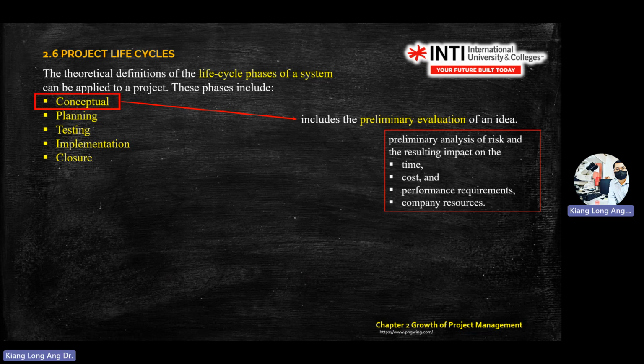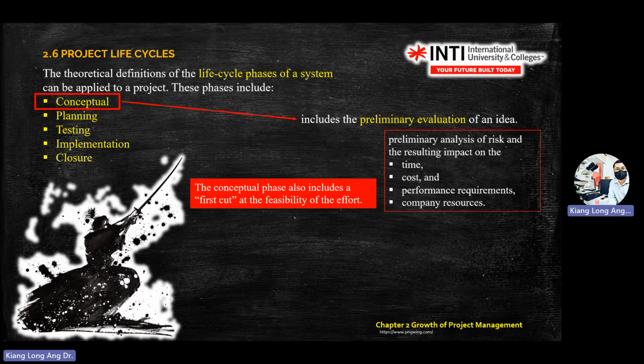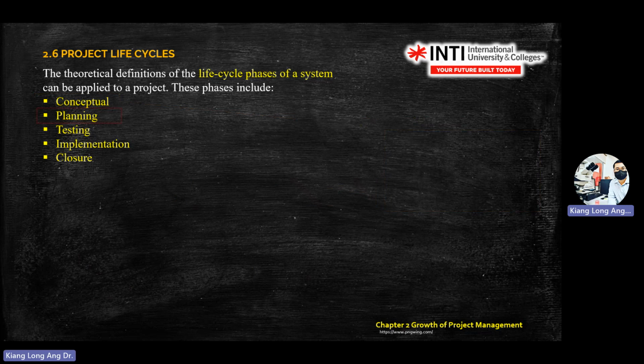Concept means you gather information about the project and then assess whether you can do it or cannot, or what the customer wants. This is the first gate where you decide go or no go. If you can decide early at the concept phase, then you save a lot of money. It's the first cut.